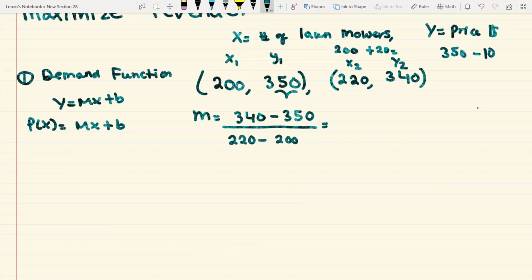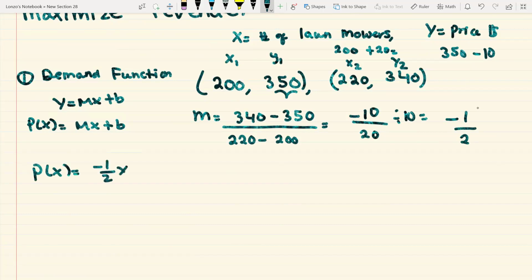So 340 minus 350 is negative 10. 220 minus 200 is 20. Divide this by 10, and you get negative 1/2. So my slope is negative 1/2, so it's going to be p of x equals negative 1/2 x plus b.